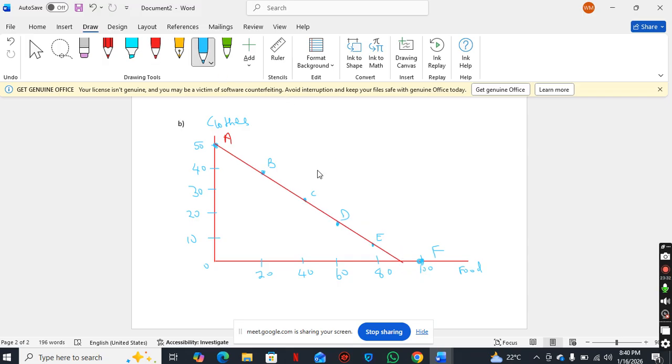Let me put here 100. So this is your production possibility frontier curve.